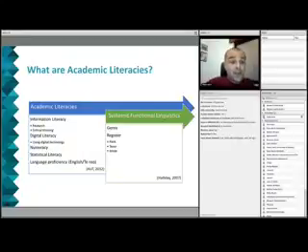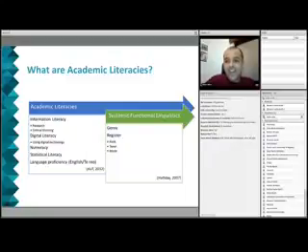Now, the reason why I'm saying this is because it opens up the possibilities of thinking about the usage of a language for the university or higher education or tertiary system in that context.